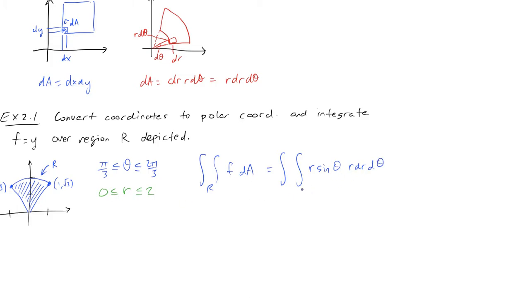And then our radius goes from 0 to 2, and our theta goes from pi over 3 to 2 pi over 3. Okay, this is an integral that can be split into two integrals because the function can be written as a product of functions of r and theta.